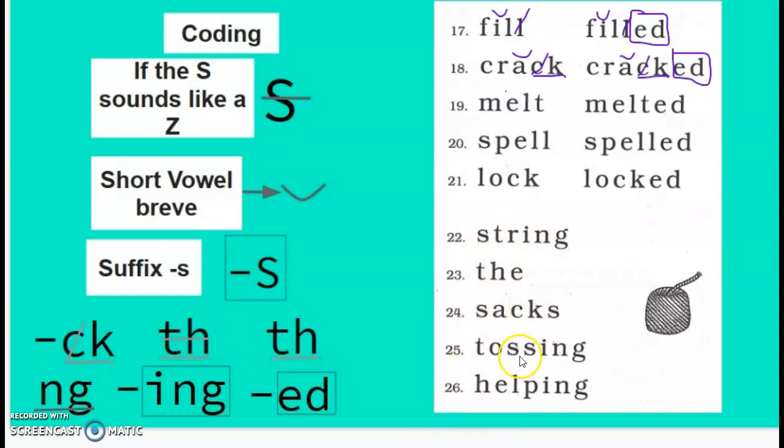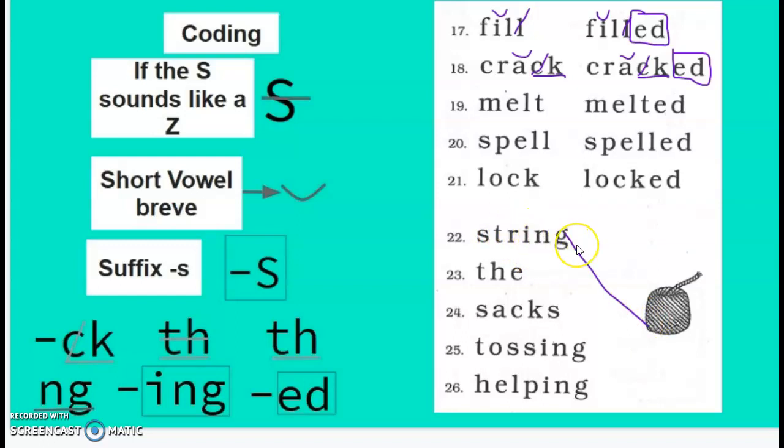For 22 through 26, look at the picture of the string. Draw a line from the correct word to the picture. String. Right. Number 22 says string. And let's code 22.